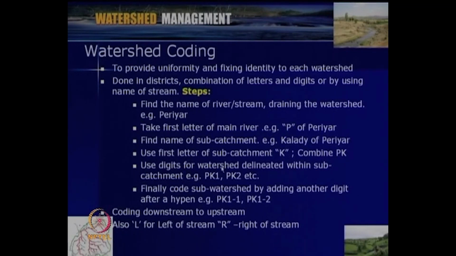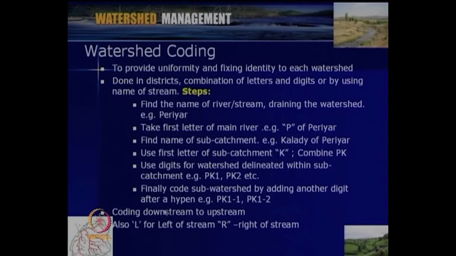Then use digits for watersheds delineated within the sub catchment, for example, sub catchment 1, sub catchment 2. So, we can code it as PK1, PK2, etc. Finally, code sub watersheds by adding another digit after a hyphen: PK1 hyphen 1, PK1 hyphen 2. Like that the various sub watersheds we can identify within that watershed.